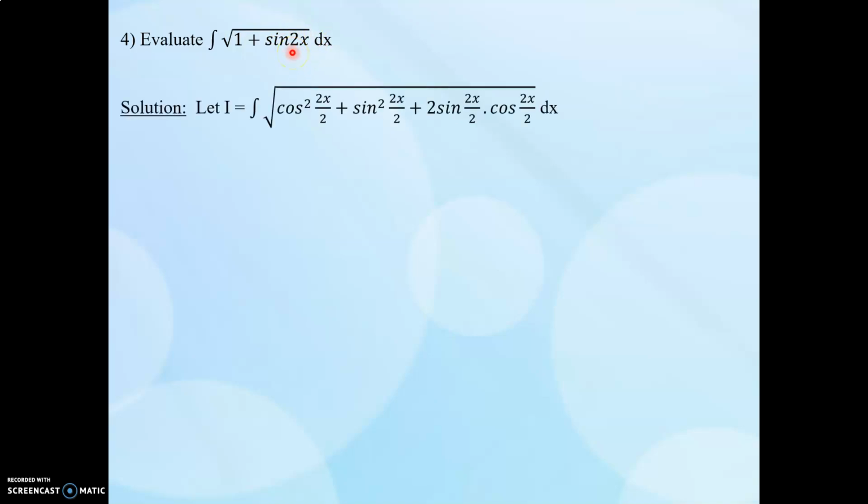So this question will become I is equal to integral root of cos square 2x upon 2 plus sine square 2x upon 2 plus 2 sine 2x upon 2 into cos 2x upon 2. Here I am taking this 2x as x. You can take this as the sine 2x formula also, so 2 sine x cos x you will get, and in the place of 1 you can write cos square x plus sine square x also.